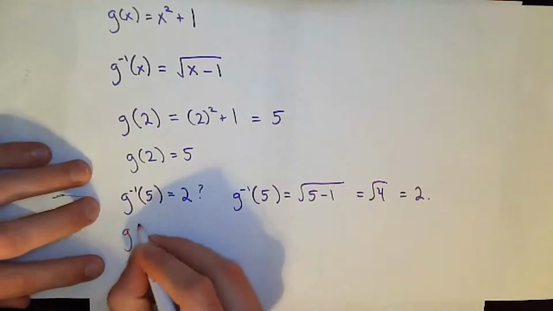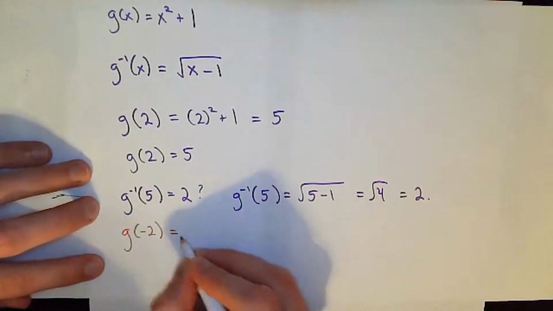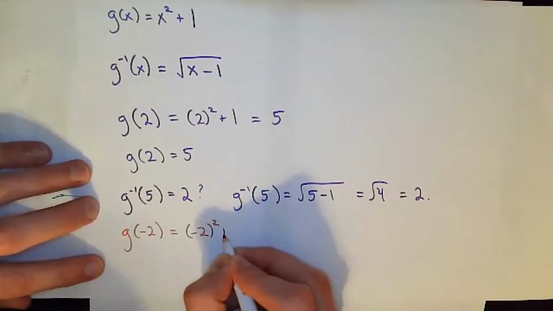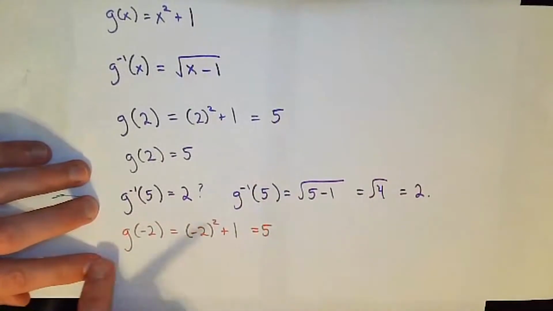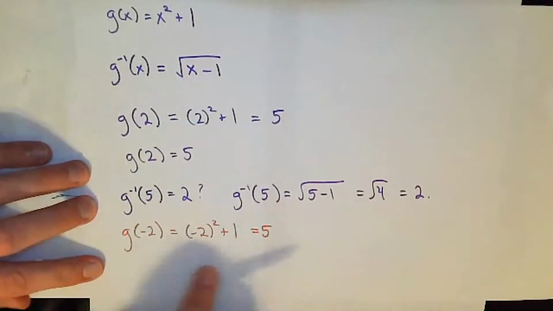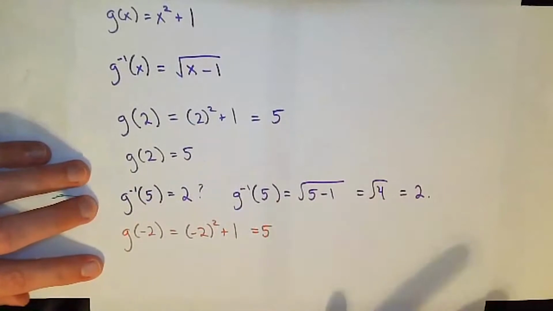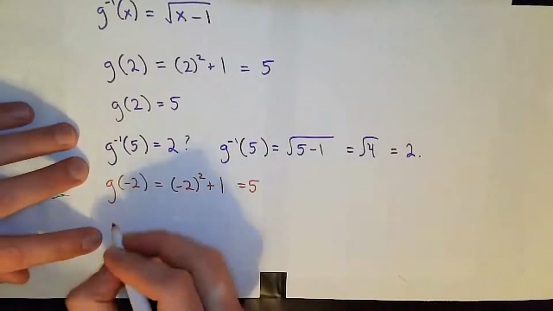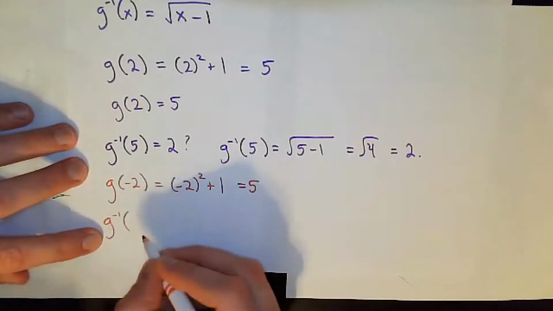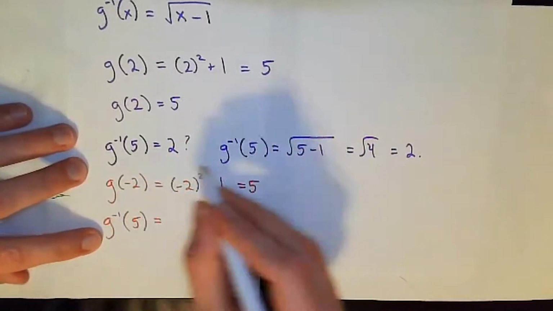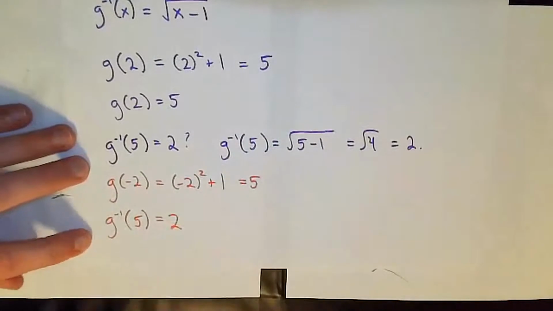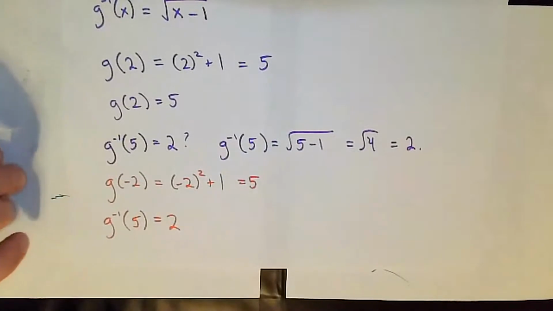If I said g of -2 is -2 squared plus 1, which is still 5, which is fine. A function can do that. It can take 2 different inputs and give the same output. That's legitimate. But now, when I invert that, g inverse of 5, I've already calculated g inverse of 5 is 2, not -2.